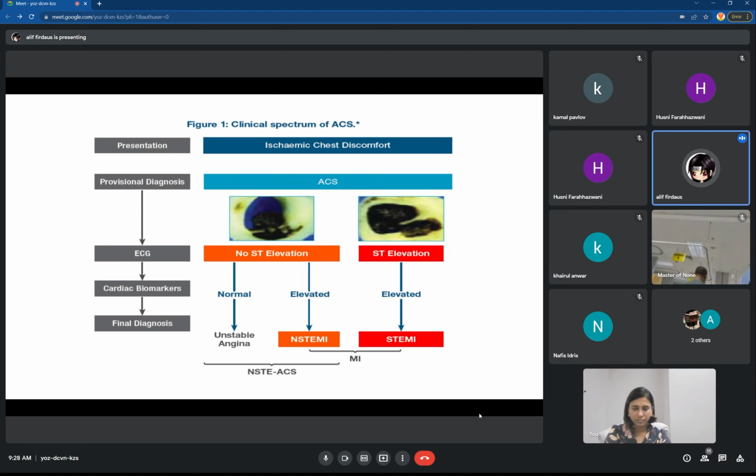If there is no ST elevation and the cardiac biomarkers are normal, the diagnosis will be unstable angina. If there is no ST elevation but raised cardiac biomarkers, the diagnosis will be non-ST elevation myocardial infarction. If the ECG shows ST elevation and cardiac biomarkers are raised, the diagnosis will be ST elevation myocardial infarction.